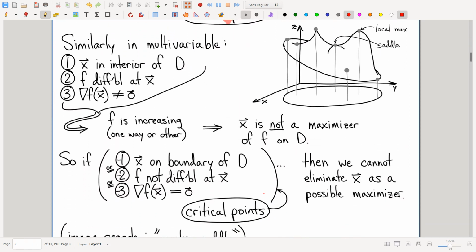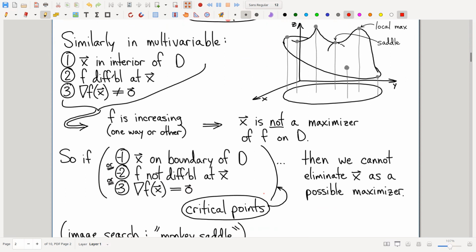It's practically an identical argument in the multivariable context. Practically the same, appropriately different to the context, of course. So here is my initial elimination argument. If a point is in the interior, let's look at a point like this one right here, and if the function's differentiable there, that means I can make chapter 2 arguments about how to compute directional derivatives and stuff.